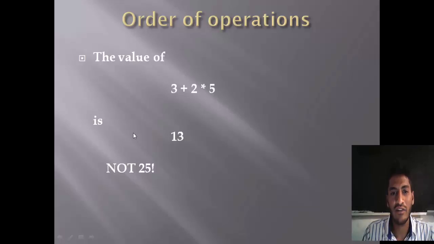Order of operations: the value of 3 plus 2 into 5 is 13, not 25.